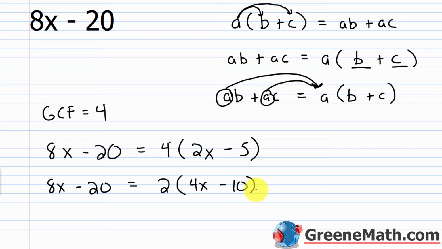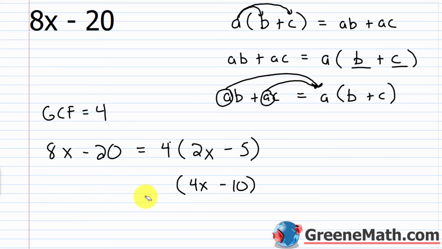If your teacher asks you to factor out the GCF, this is not the right answer. This is wrong, because I only factored out a 2. I have 2 that's common to each term inside the parentheses that can come out. So you might end up getting the wrong answer even though you factor correctly because you didn't pull everything out that you could. So pay close attention to that.